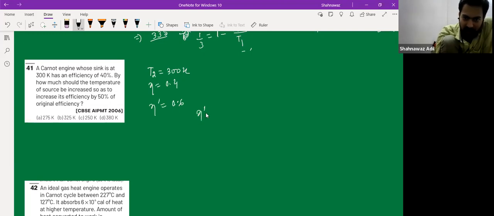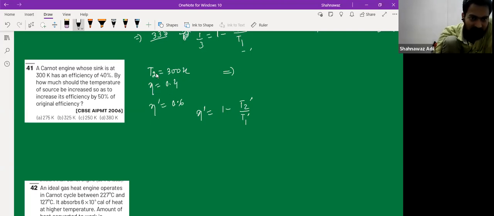So eta prime would be what? 1 minus T2 prime by T1 prime, right? So should the temperature of source be increased? So this source temperature, right? So T1 should be increased, right? So from here we can calculate this T1 temperature, right?